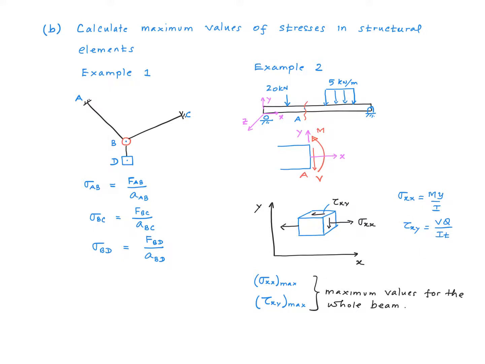Here's a little differential element taken at a point like that, showing how these stresses act on that differential element. We will then consider various points on the cross-section itself and various cross-sections along the length of the beam in order to calculate the maximum value of sigma xx and tau xy for the whole beam.